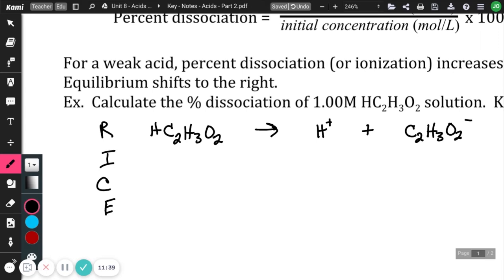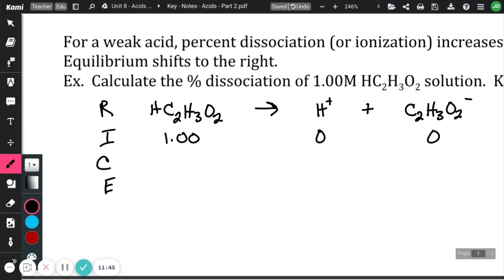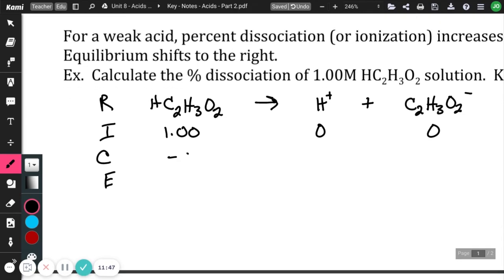So the initial concentration here is 1.00. There is no hydrogen or acetate concentration, minus X, plus X. So then we have 1.00 minus X, X, and X.